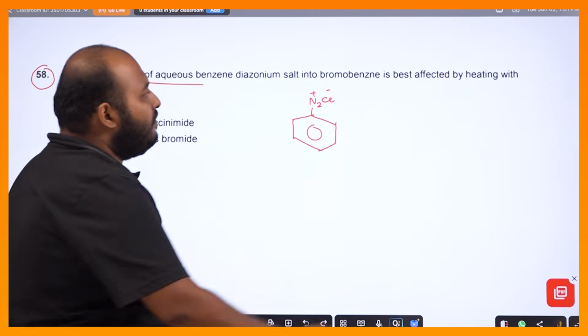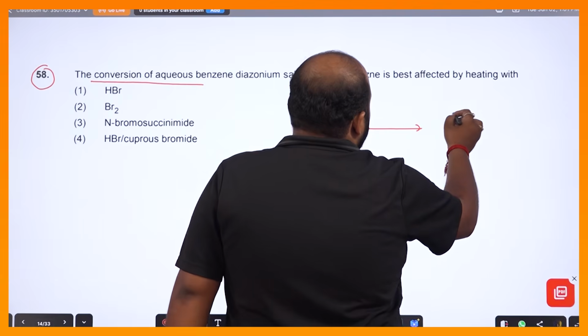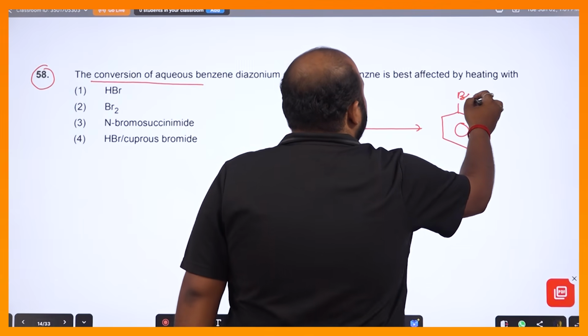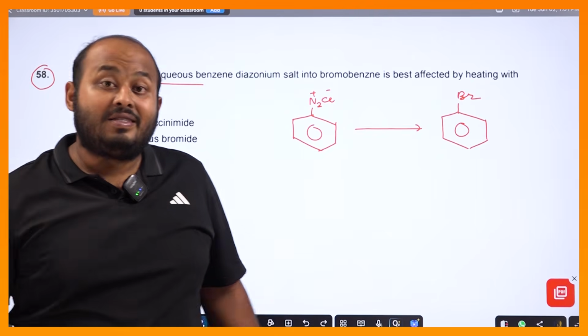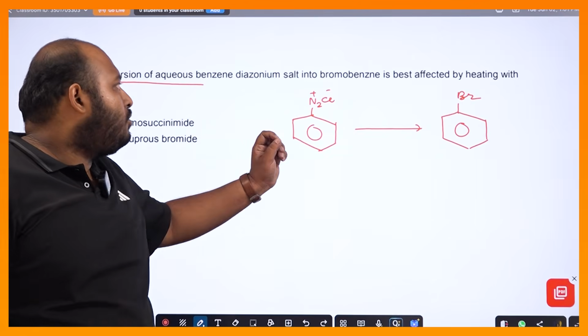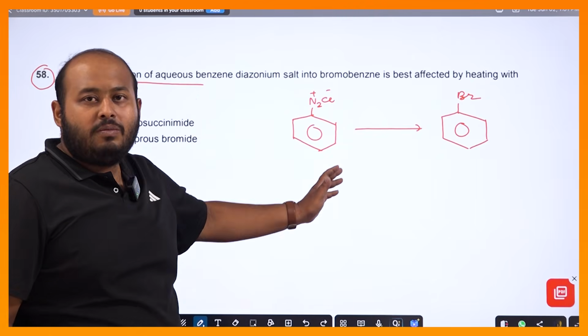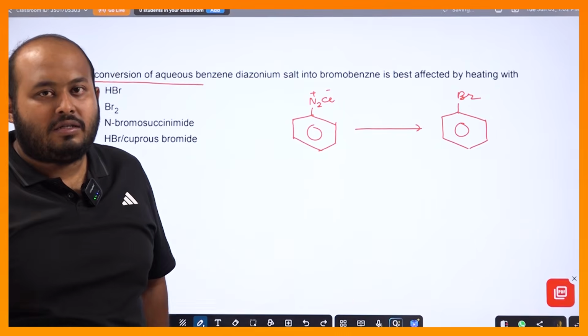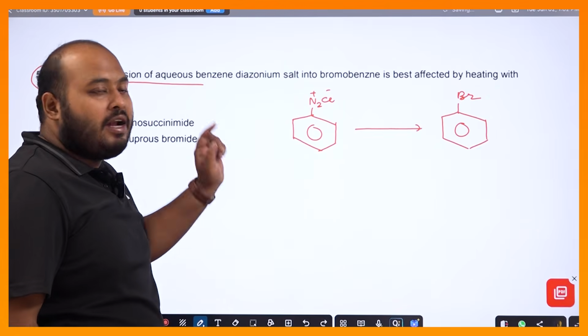We need to convert it into bromobenzene. To convert the benzene diazonium salt to bromobenzene, there are mainly 2 reactions. One is Sandmeyer's reaction.